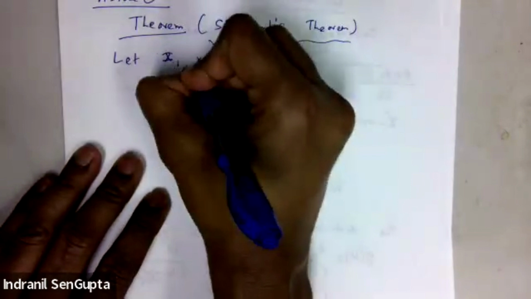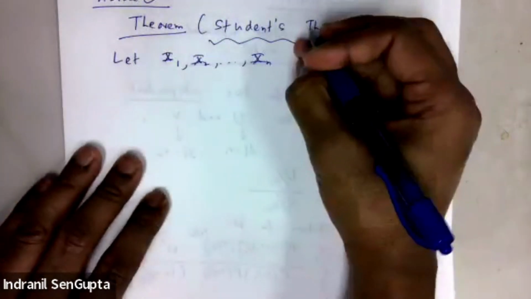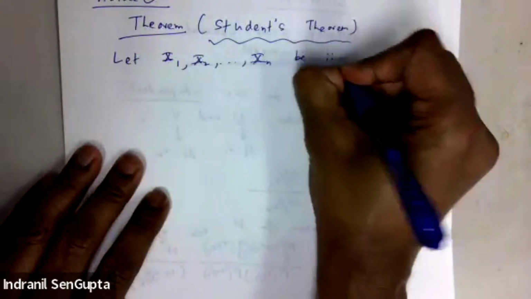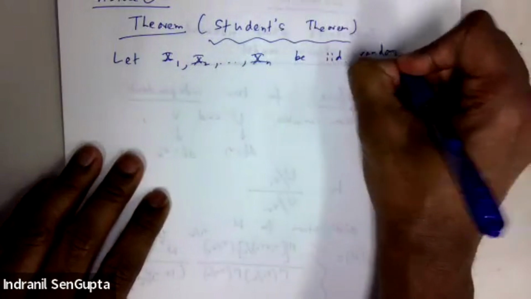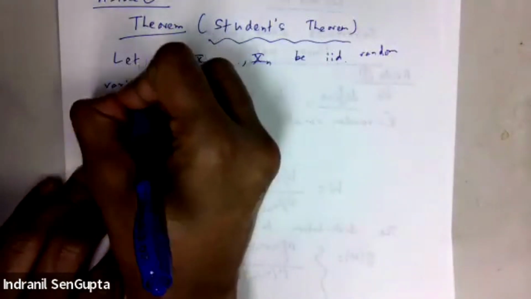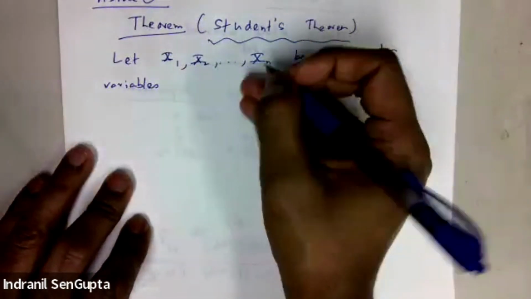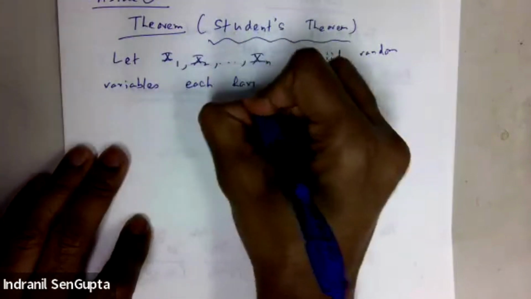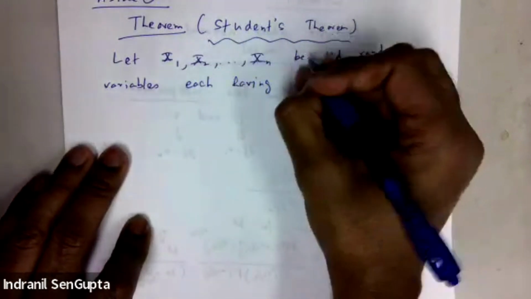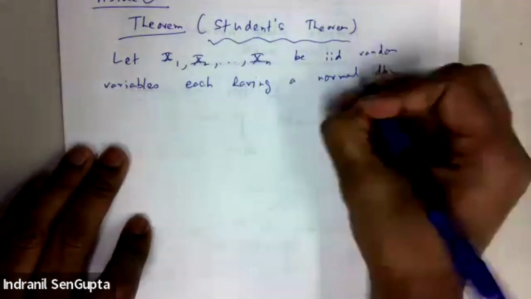It goes like this. Let X1, X2, up to Xn be IID random variables, each having a normal distribution. That's important.